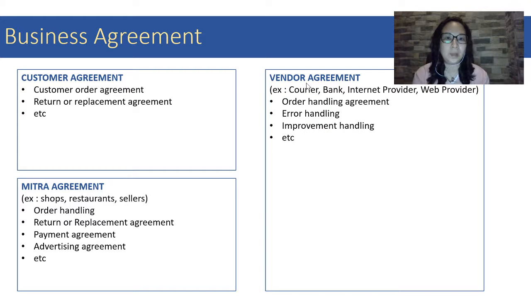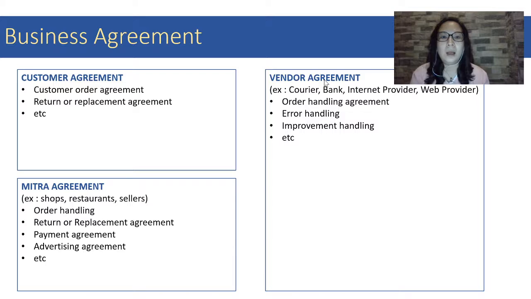But if the courier, like JNA, is just your vendor, then you need to put it in the vendor agreement. Courier, bank, internet provider, and website provider can all be put in the vendor agreement here.